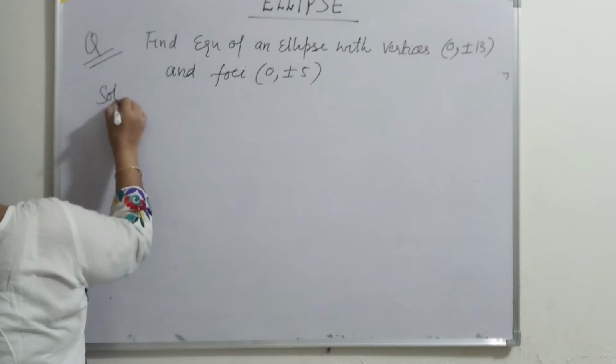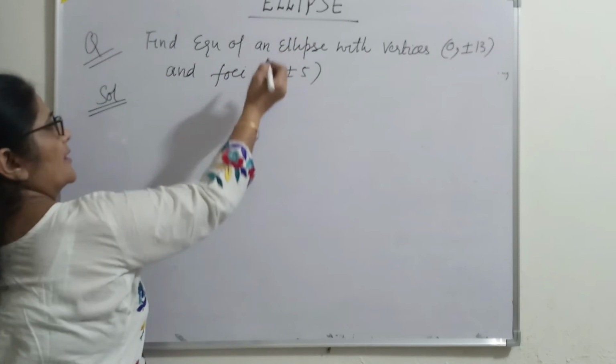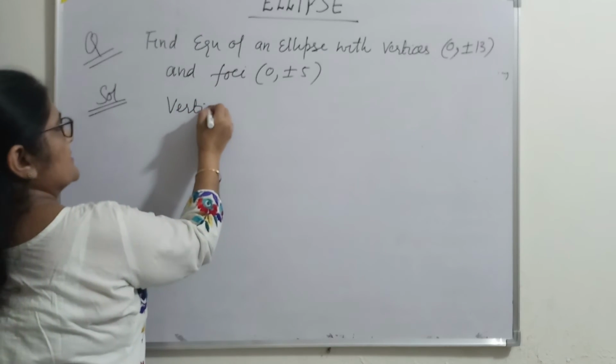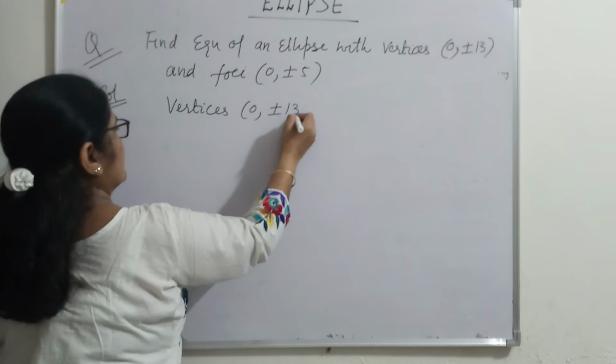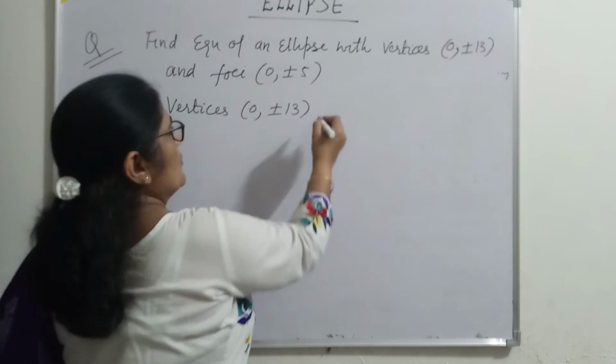So we have to find the equation. Now as you see, the vertices are 0, plus minus 13 and the foci also.